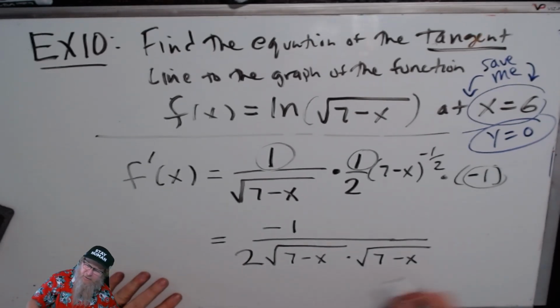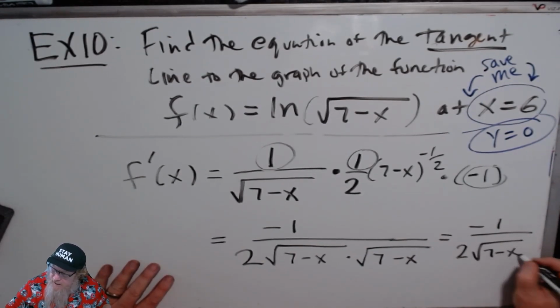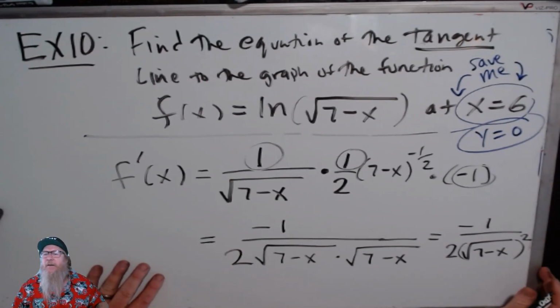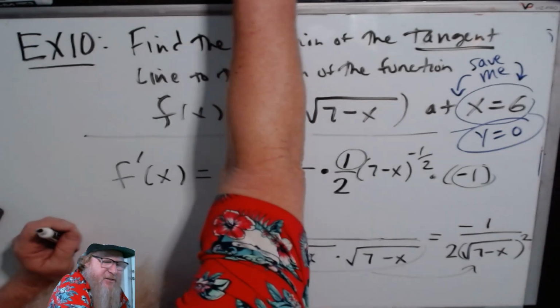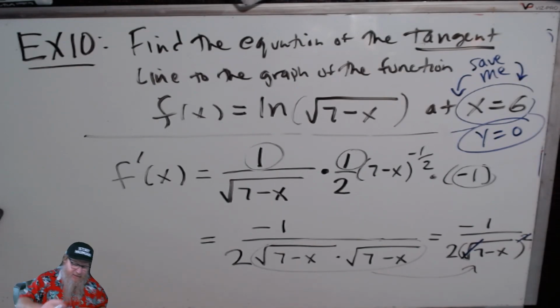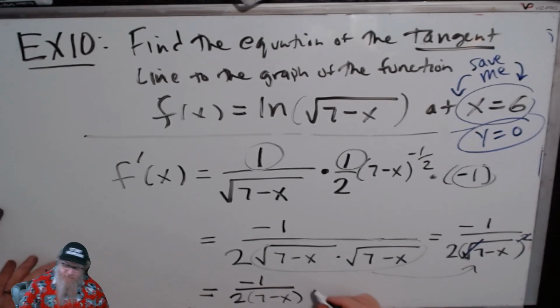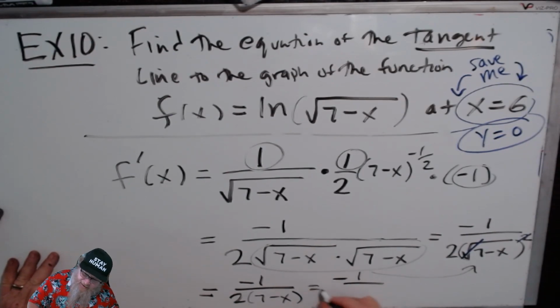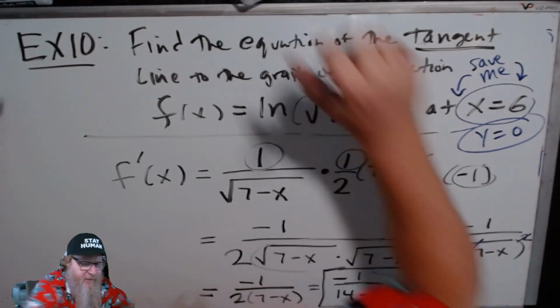In other words, you have the square root of 7 minus x squared. You have 2 of them, and so the square and the square root cancel. Your final derivative is negative 1 over 2 times 7 minus x. If you want to simplify it, you can write it as 14 minus 2x. So that's your derivative.